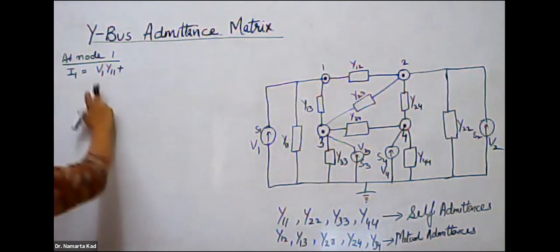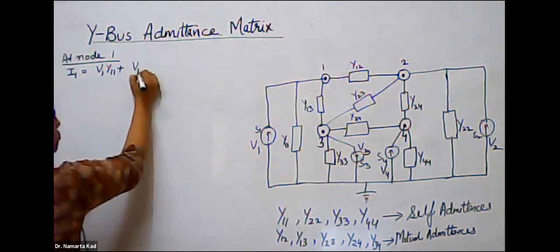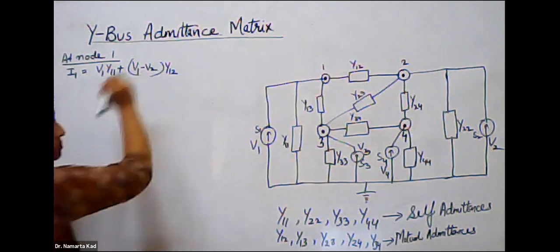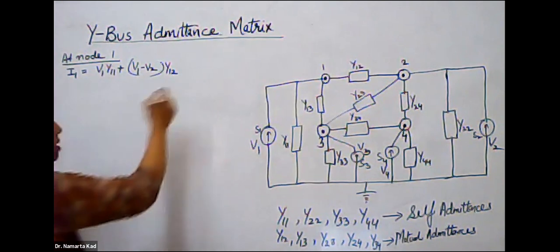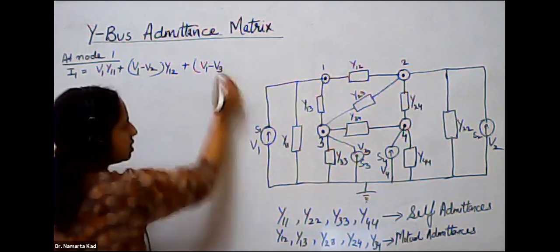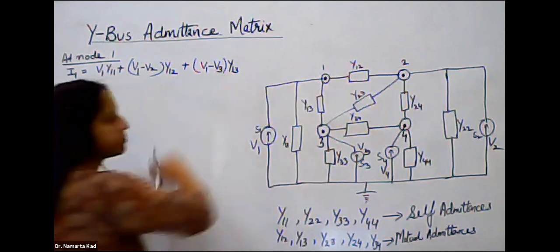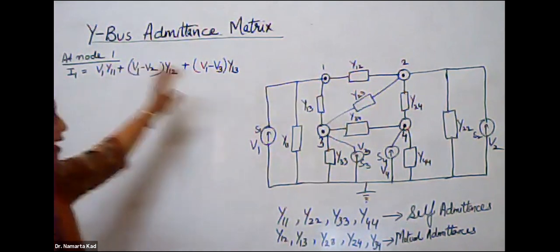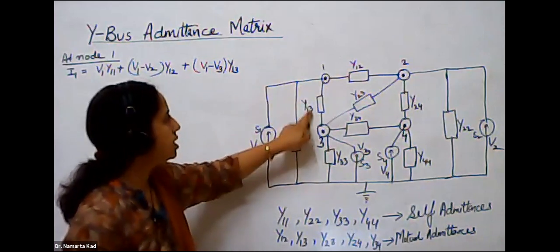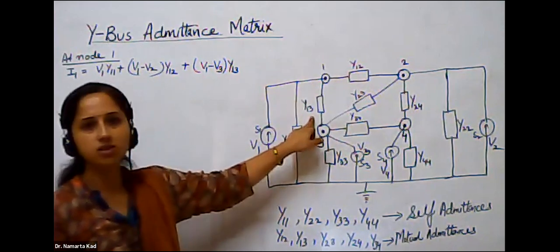So it can be written as V1 Y11 plus (V1 minus V2) Y12 plus (V1 minus V3) Y13. As seen from this figure, three admittances are connected to node 1: Y11, Y12 and Y13.